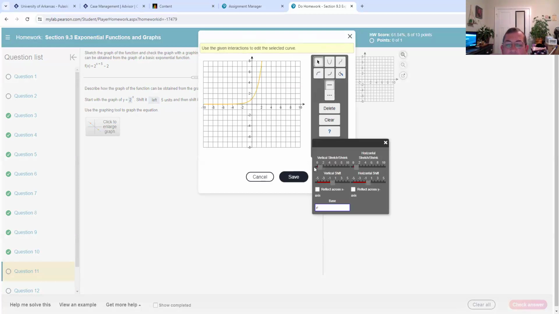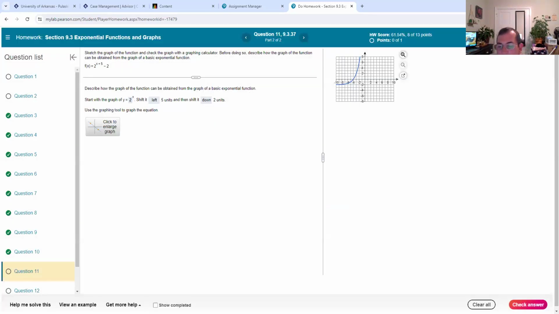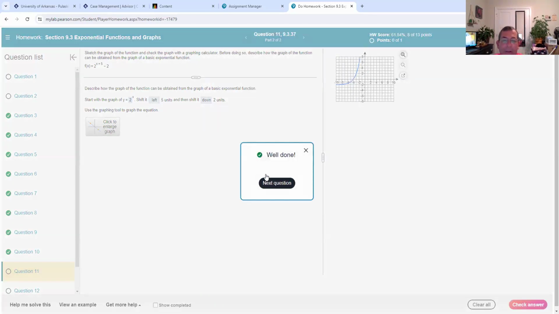Let's see, y'all went left 5 on the horizontal. Y'all went down 2 on the vertical. And our base goes from an E to a 2. All right, then save that and check your answer.